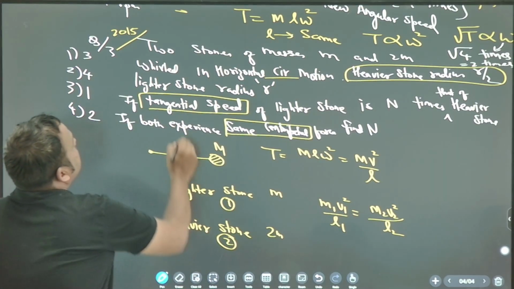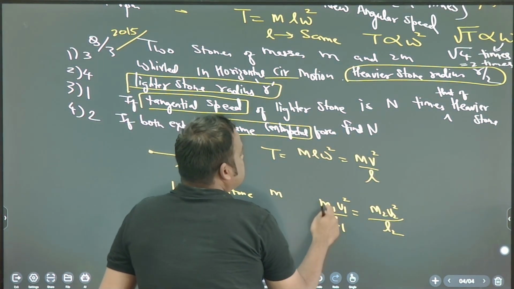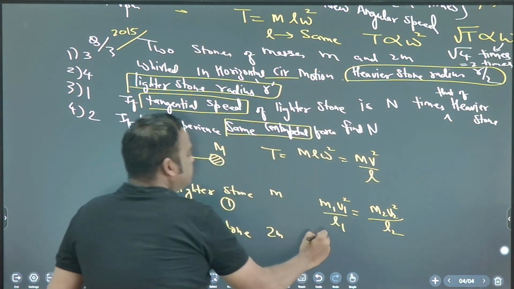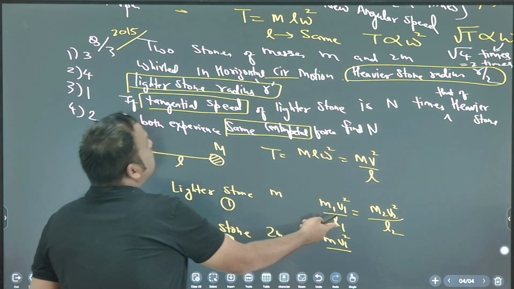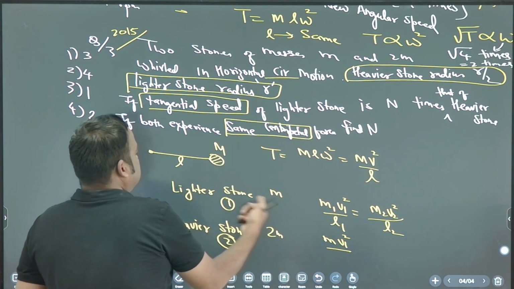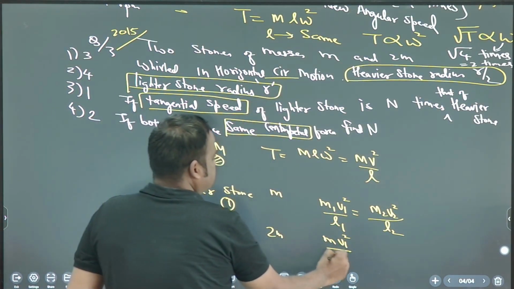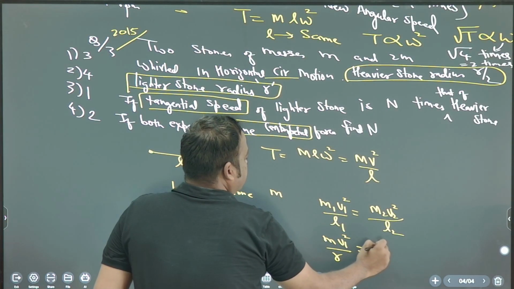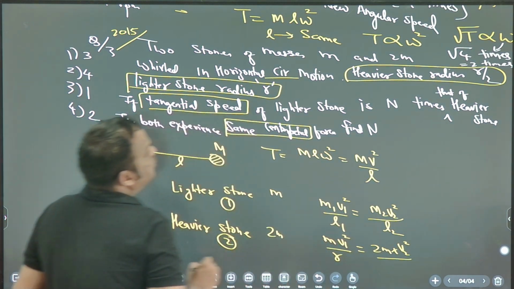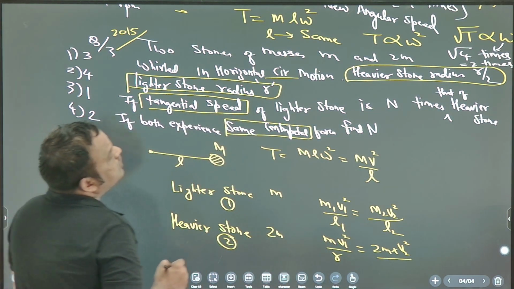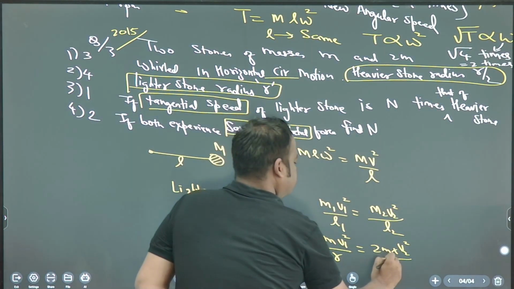So mass is also given, m and 2m. So m v1 square by r1, r1 is lighter stone, r. And m2 is 2m into v2 square by r2. What is the radius of heavier stone? r by 2.